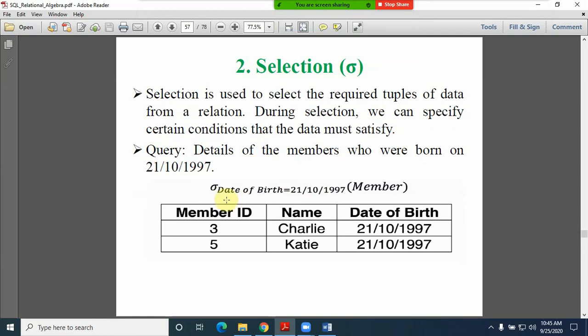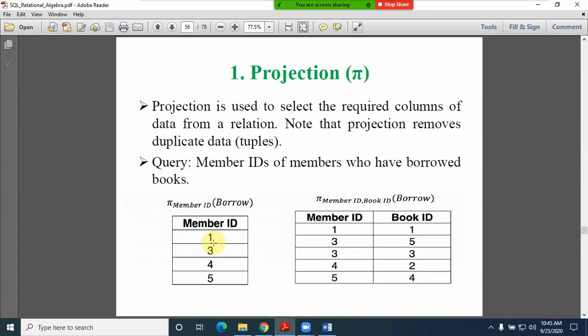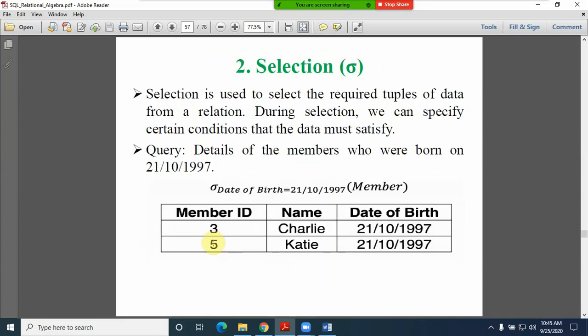So we make use of the selection, date of birth equal to the corresponding date, on the member table. From the member table, we are selecting all the columns, but we are applying some condition like one date, and based on that particular date, we are selecting the appropriate members.